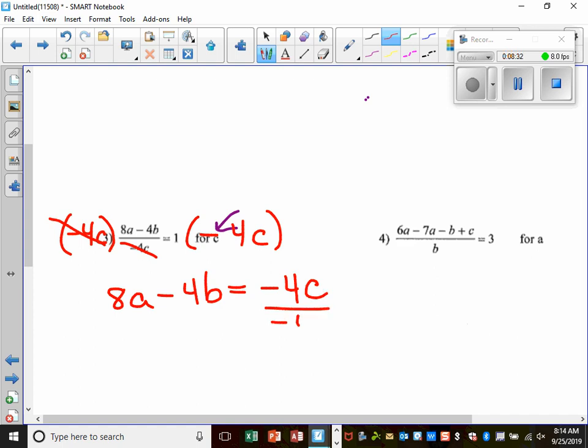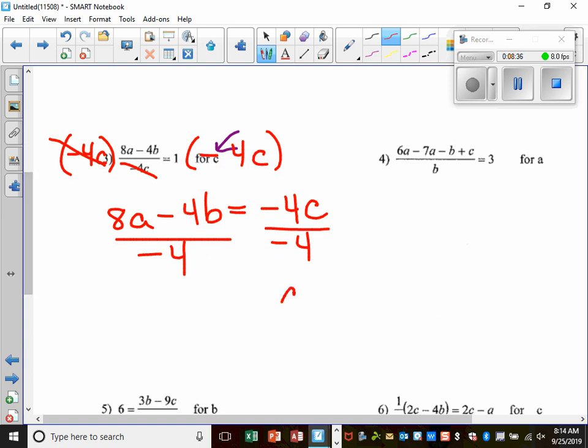Divide by negative 4. Since 4 can go into that 8, we can just call that a negative what? Negative 2A. And this is going to be plus what? Plus B. So all I did was simply divide both terms by the negative 4. Okay.